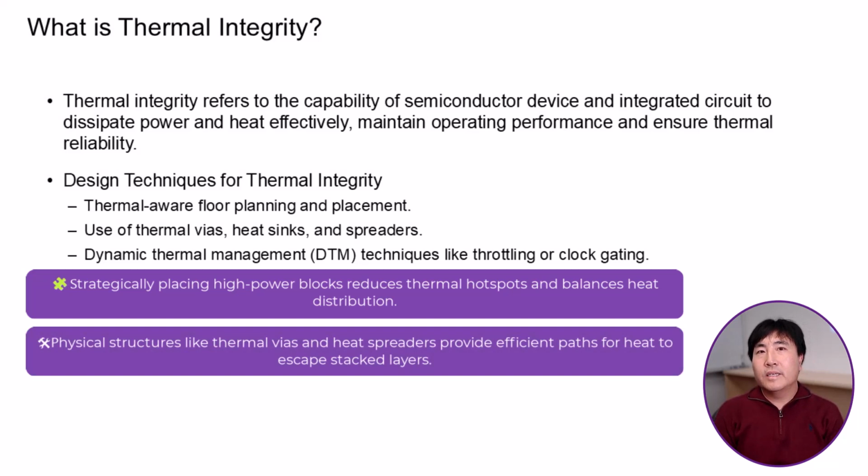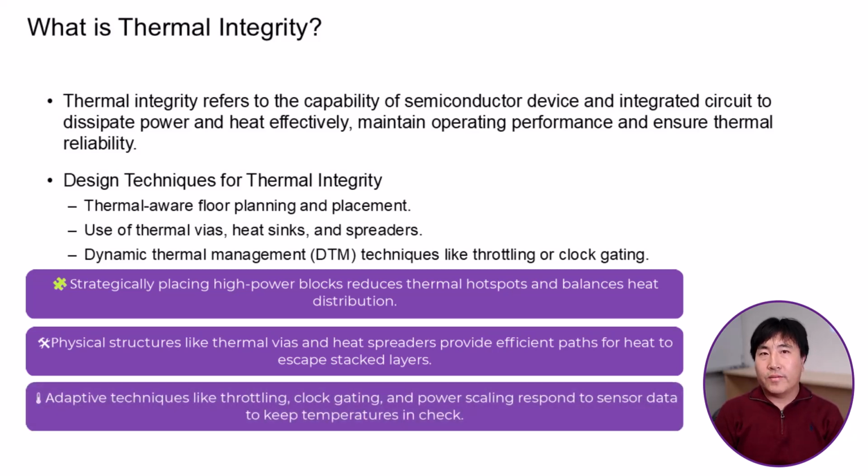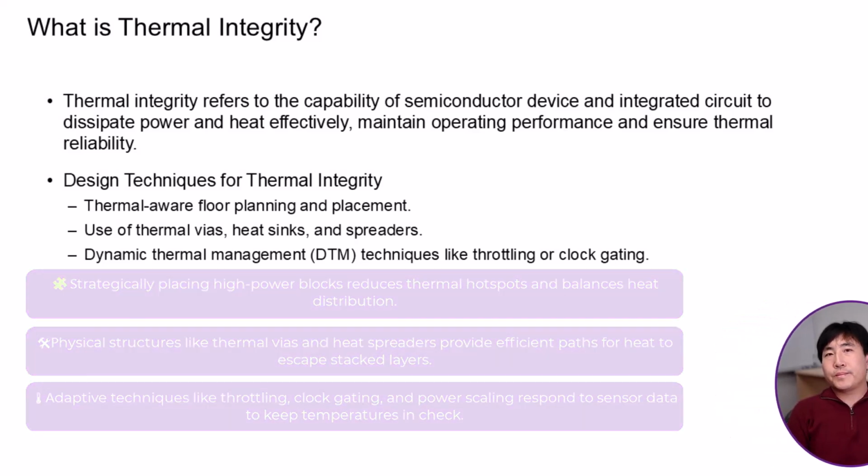Secondly, they use thermal vias, heat sinks, and spreaders across the design to provide effective physical pathways for heat dissipation across layers. They can also use the dynamic thermal management, or DTM, approach by implementing adaptive controls like throttling, clock gating, and power scaling based on real-time thermal sensor data.